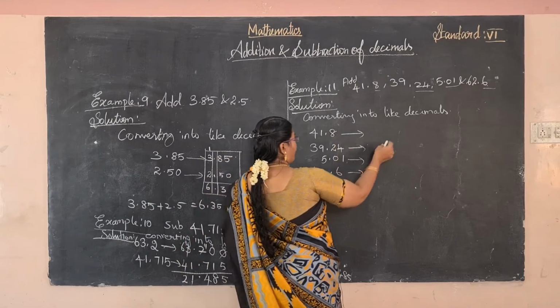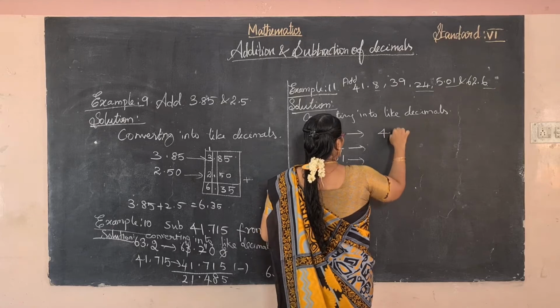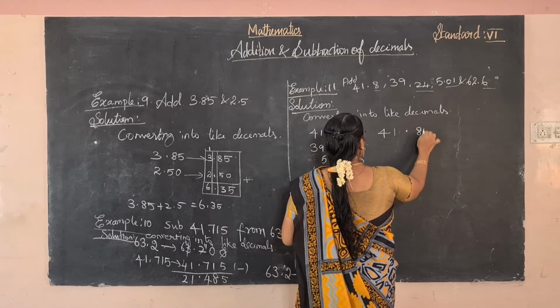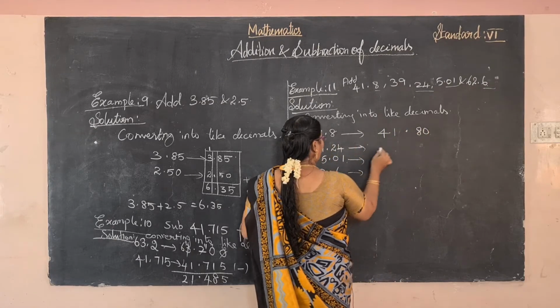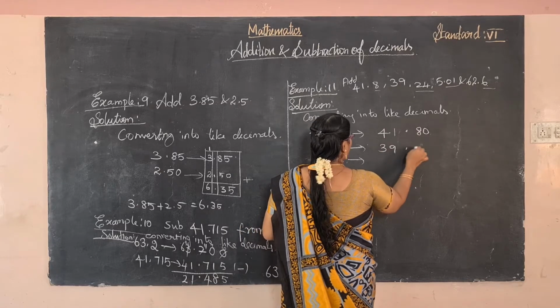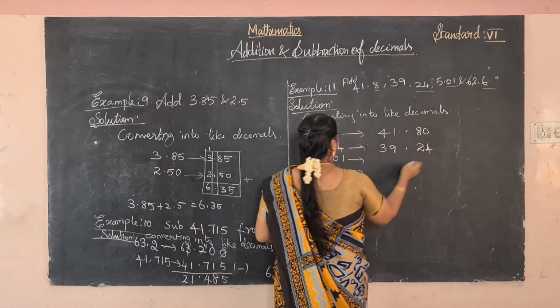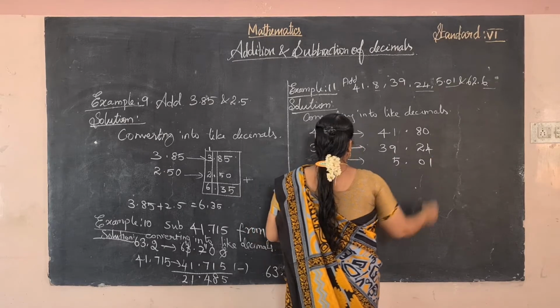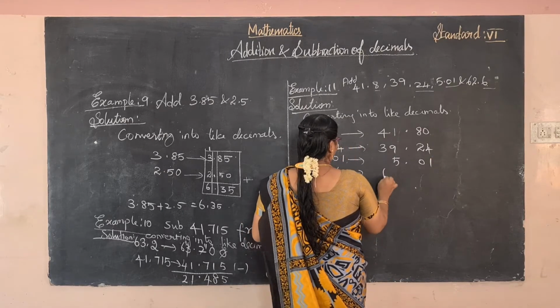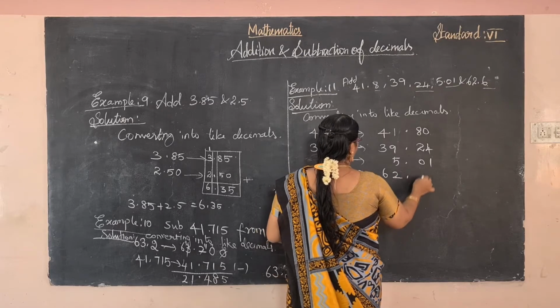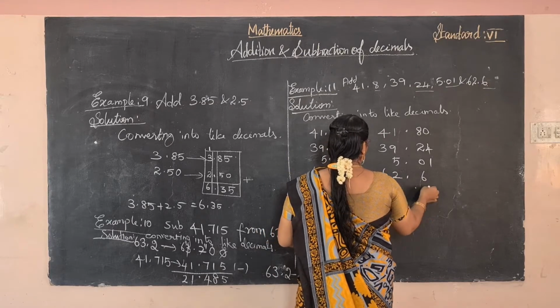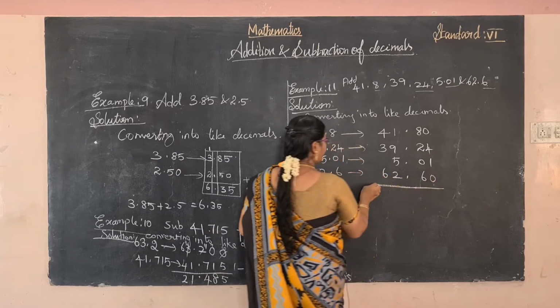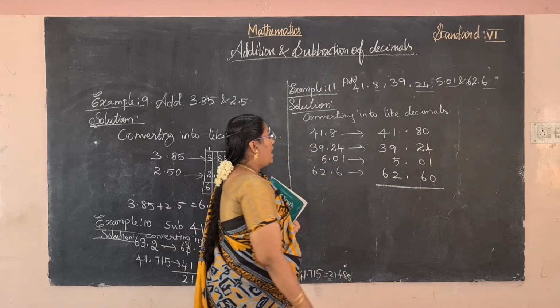Here we added one 0. So 41.80, second one 39.24, third one 5.01, and fourth one 62.60. Addition is given.